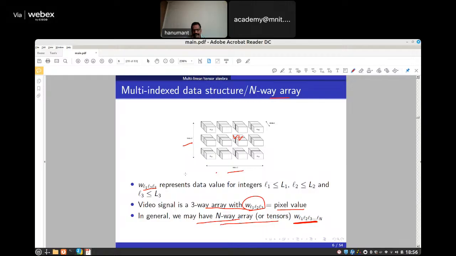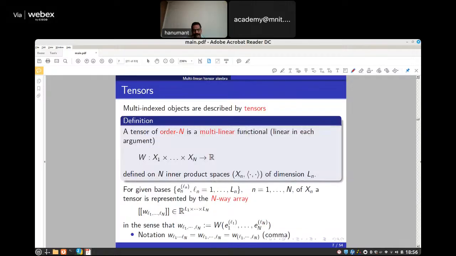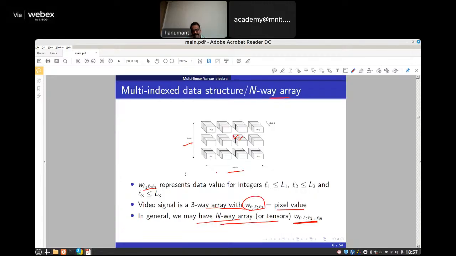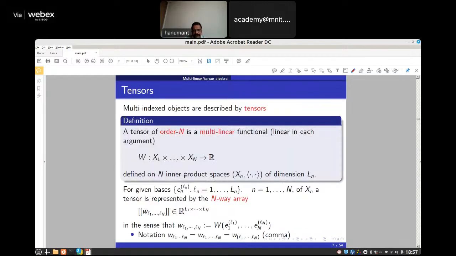But please, now a little bit of mathematics here. If we arrange this data in a three-dimensional format, it is very easy to see. There is no problem at all. But to do mathematics, we have to resort to something called multilinear functionals.